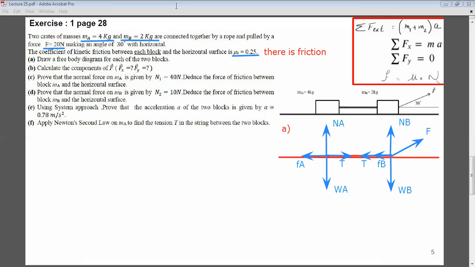Then we draw the x-axis and y-axis. If I'm pulling in this way, then both of them will move to the right. So the x-axis is to the right. The y-axis for each object will be upward, perpendicular to the x-axis.